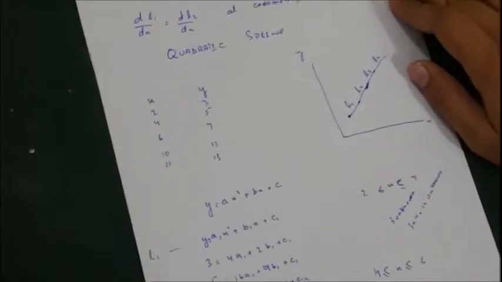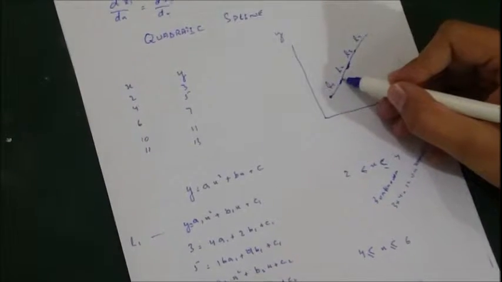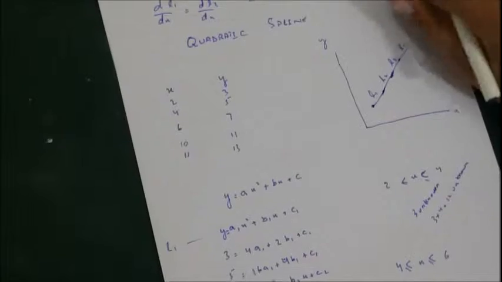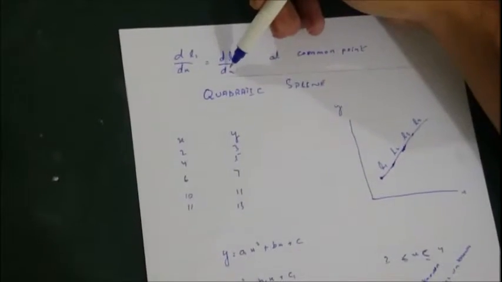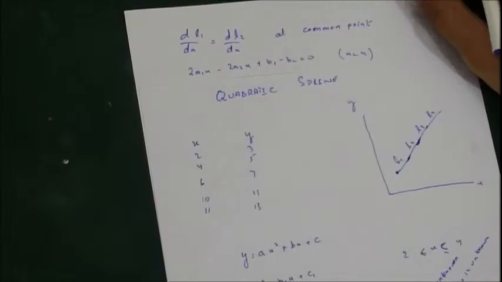For the other unknowns, we use the slope continuity formula, which states that the slope at the extreme of L1 is equal to the slope at the beginning of L2, which means that dL1 upon dx is equal to dL2 upon dx, which is normally referred to as the continuity equation.